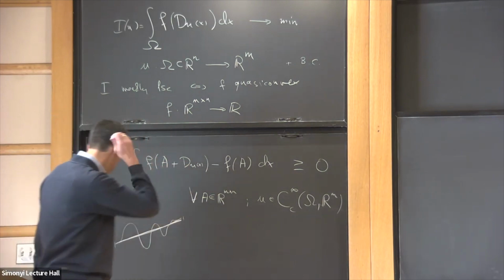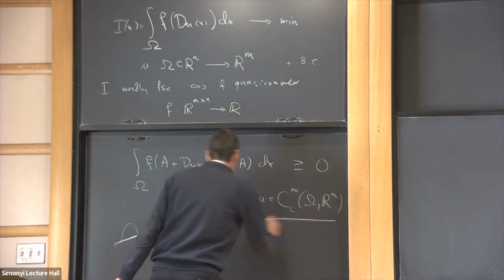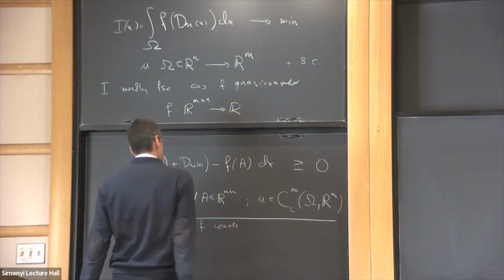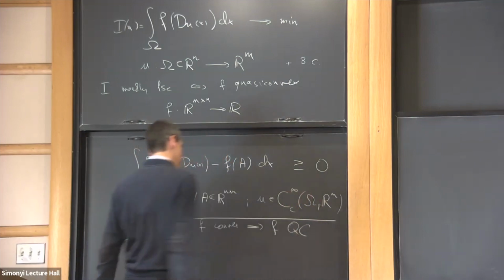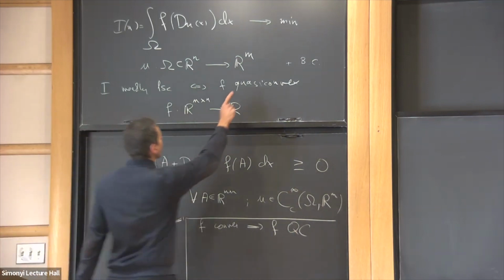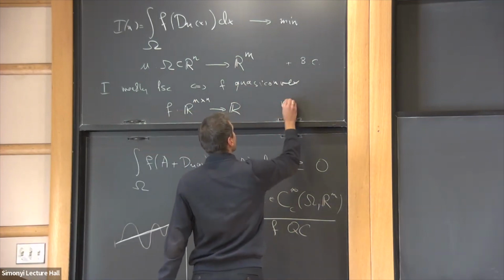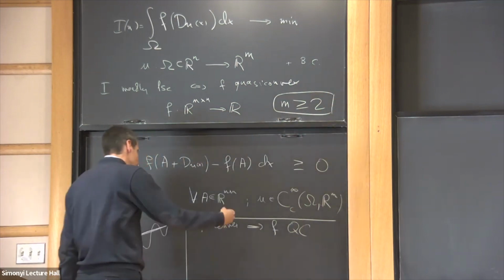Of course, if f is convex, then it is true that f is quasi-convex, which I'll write as QC, but the converse in this vectorial case, if m is at least 2, is not true.